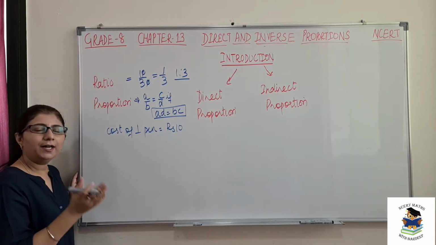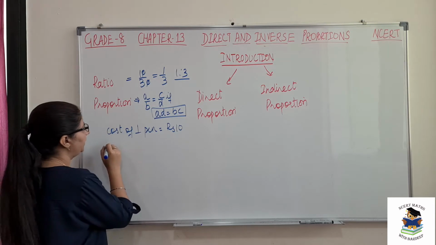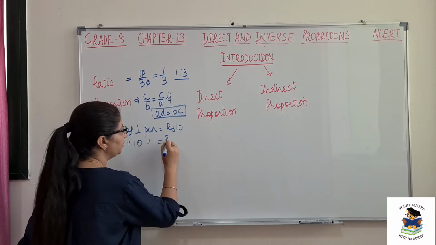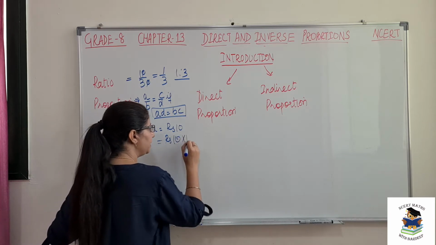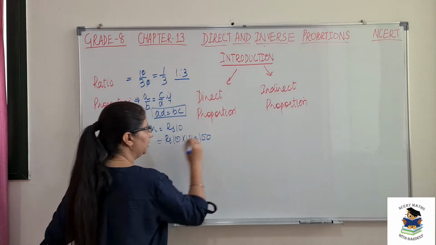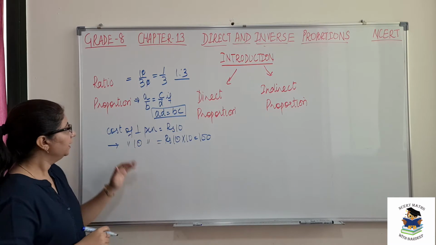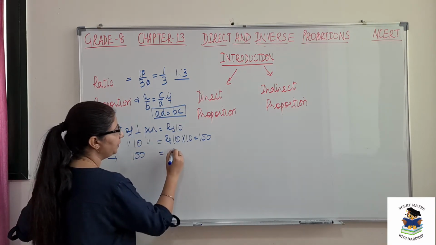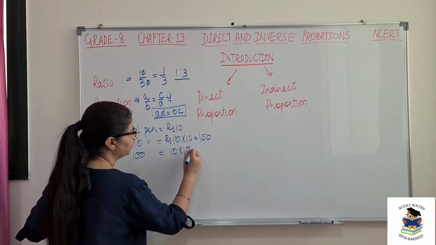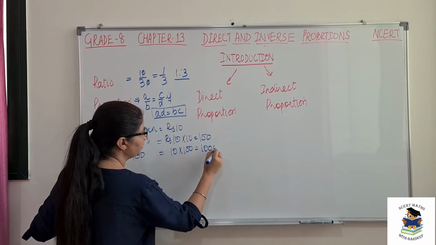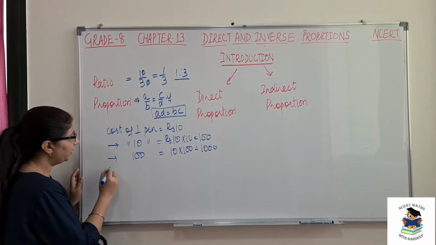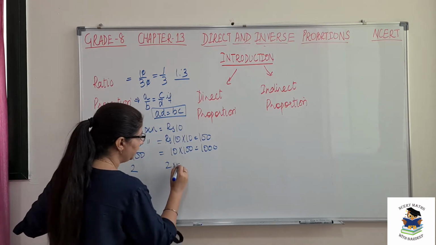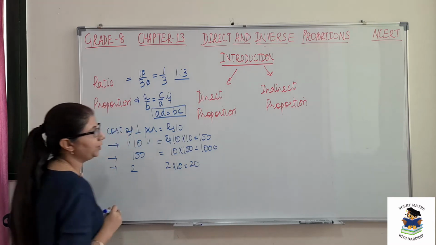Okay, if I buy more number of pens, that is if I purchase 10 pens, then how much money I have to pay? That is 10 into 10, 100 rupees. Okay, if I buy 100 pens, then it should be 10 into 100, that is 1000 rupees. Okay, if I buy only 2 pens, then price should be 2 into 10, 20 rupees.